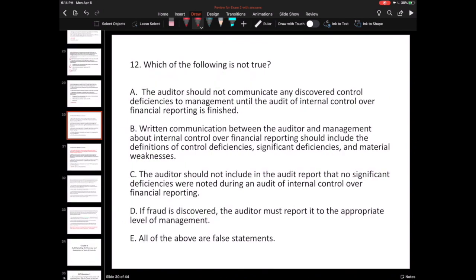Which of the following is not true? AKA, which of the following is false? If you want to reword the question, a big part of why this question is hard is there are some double negatives throughout, or just negative language throughout, right? Which of the following is not true? And then it uses words throughout, like not communicate, not include, no significant, right?